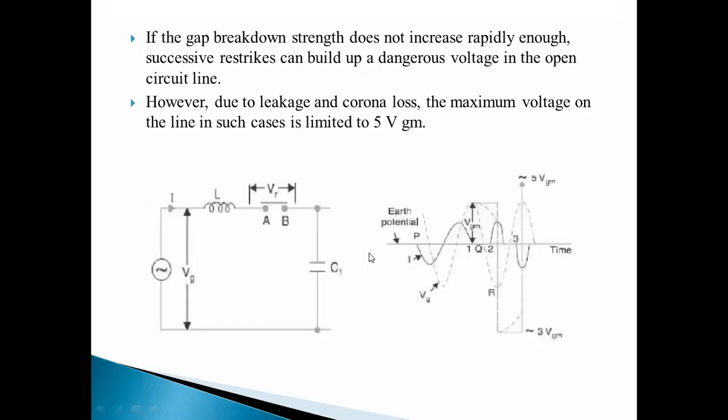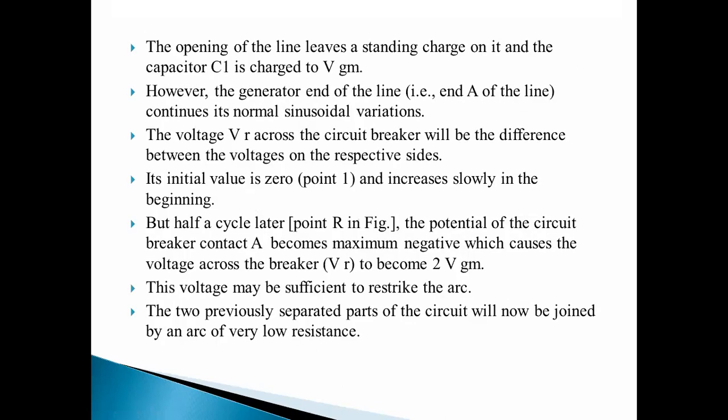So at this point R, this potential difference becomes maximum negative, which causes the voltage across the circuit breaker VR to become 2 VGM. Means what happens? Can anyone tell me?